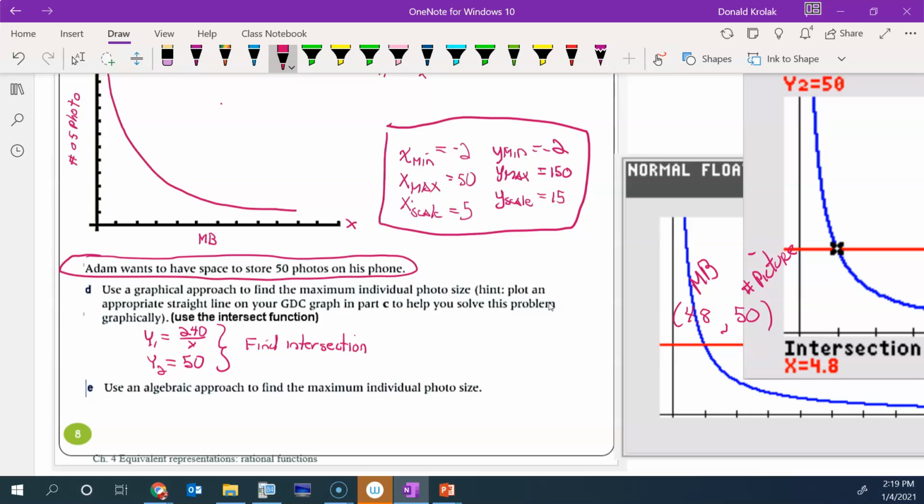And then down here, set these two equal and solve for x. Okay, so finish this up. When you're done, you're going to have a line going through it like at y equals 50. And you want to find this intersection.